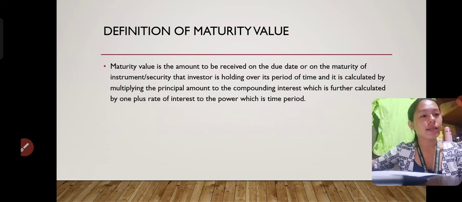It is calculated by multiplying the principal amount to the corresponding interest, which is further calculated by 1 plus the rate of interest to the power of the time period.